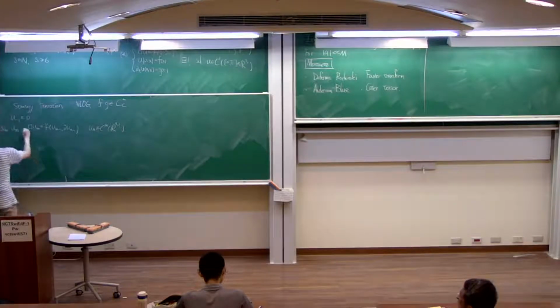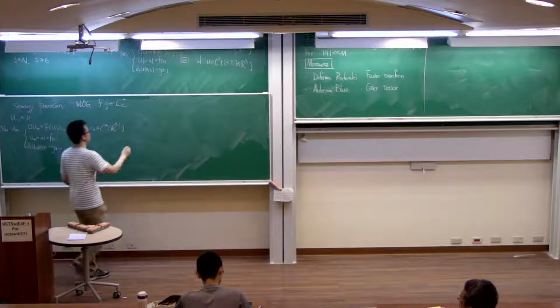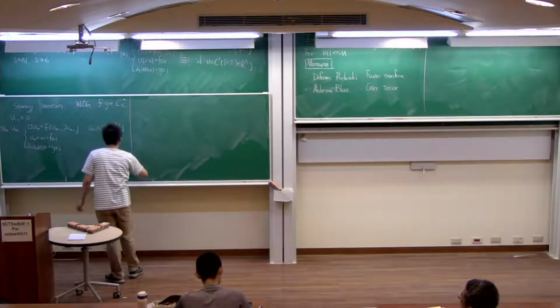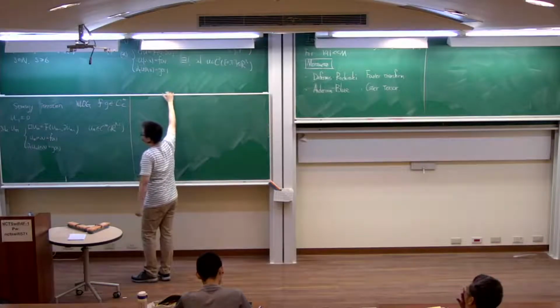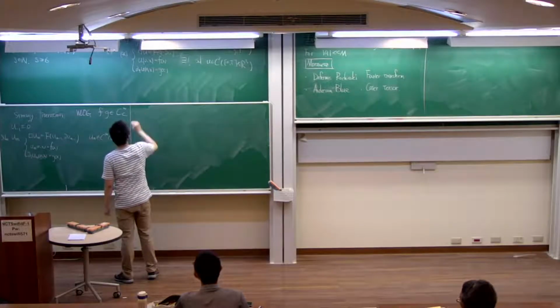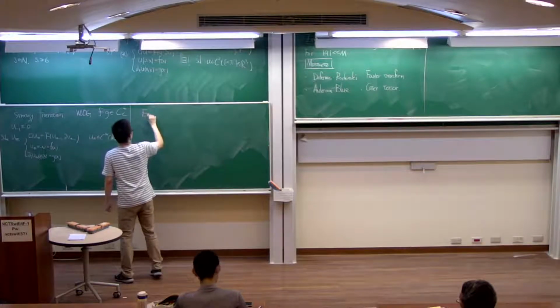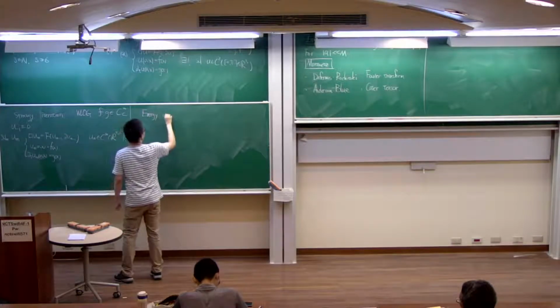The initial condition is f and g for u_m. In proving it's actually a Cauchy sequence in a suitable Banach space, there are two ingredients. One is the energy estimate we have seen yesterday.